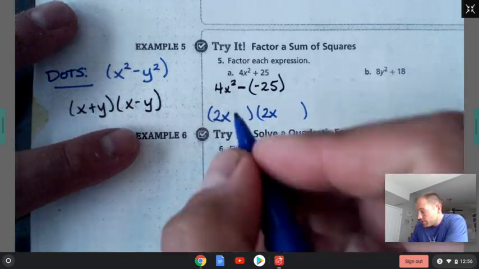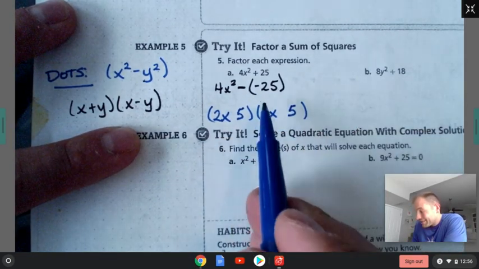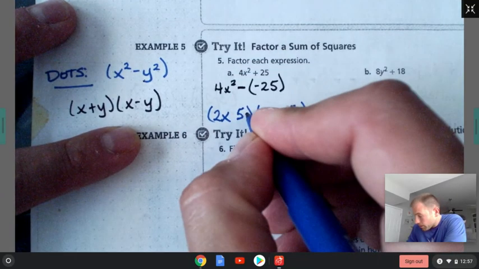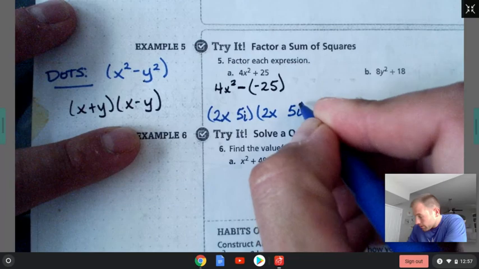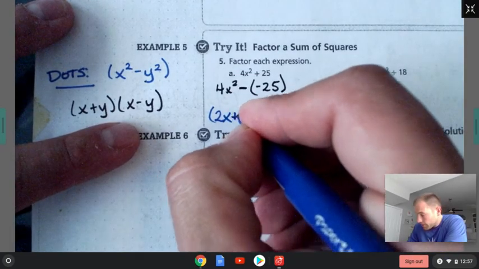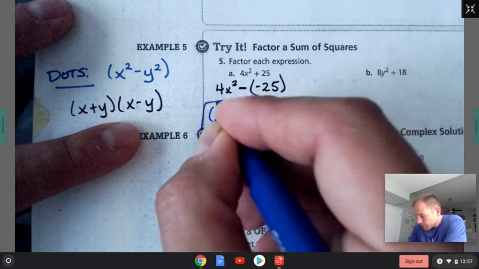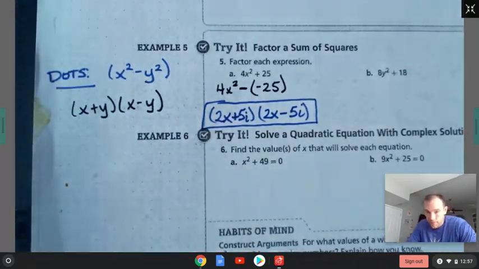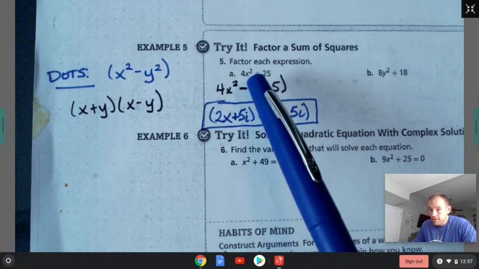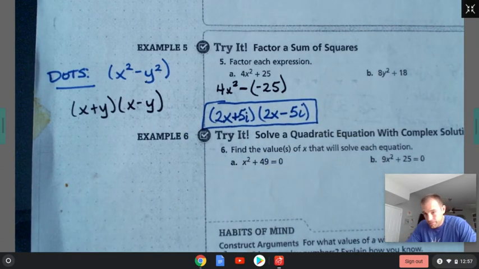Most of you know that the square root of 25 is 5, right? But it's negative. So since it's negative, we have to put our i in there. So 5i and 5i. One of them is always plus, one of them is always minus. And we're finished. Okay, so we can change a sum into a difference by making it minus and changing whatever comes after it. Okay?